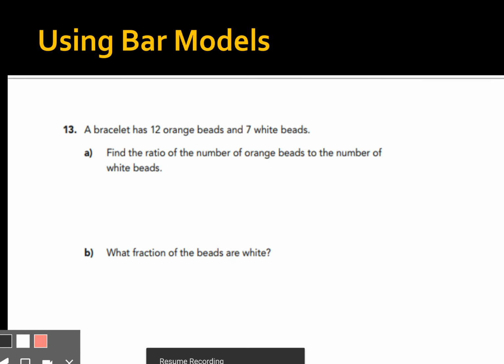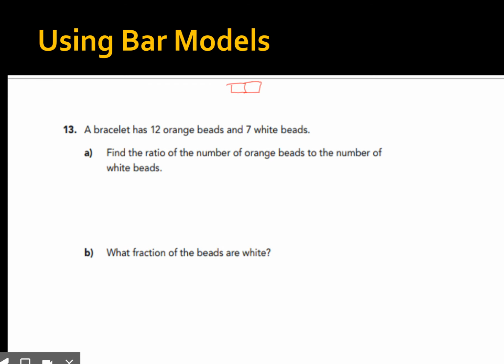All right, so number 13, a bracelet has 12 orange beads. So I'm going to start by just drawing 12 boxes to represent my orange beads. 1, 2, 3, 4, 5, 6, 7, 8, 9, 10, 11, 12. Okay, so that's orange. This is the closest color I have to orange.